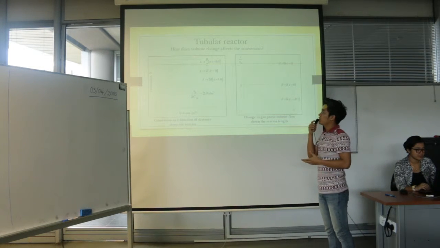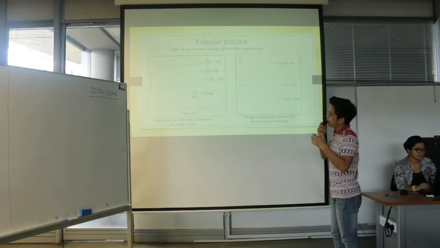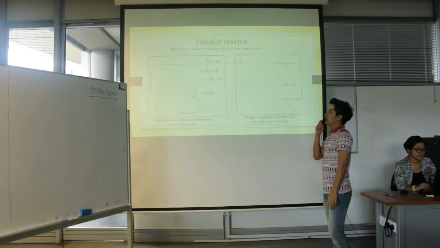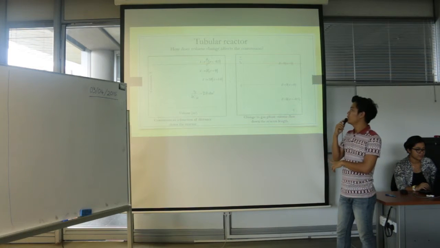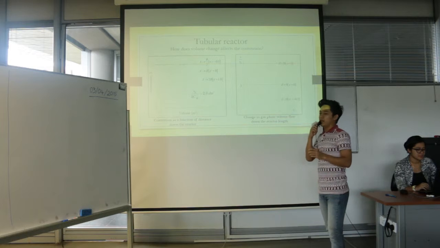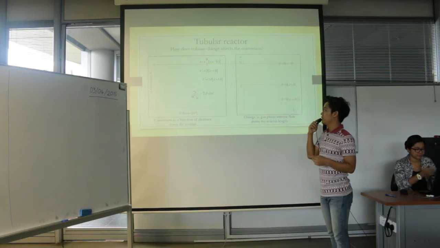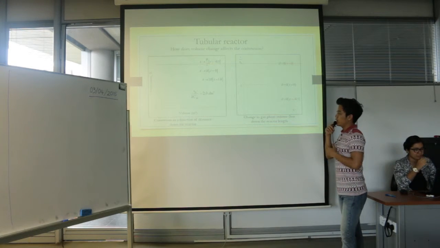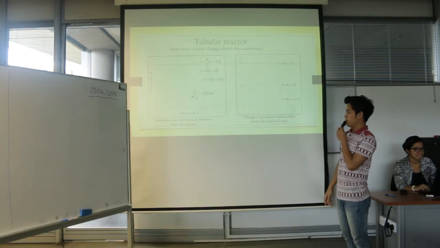It is negative because it is reacted. Second, A goes to B, 1 to 1, so the expansion factor is 0. And the third one is A reacting to B with epsilon equals 1. And we know our k CA0 is equal to 2 per m3.